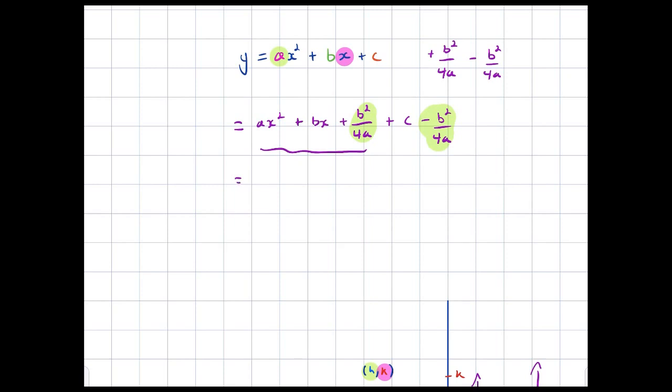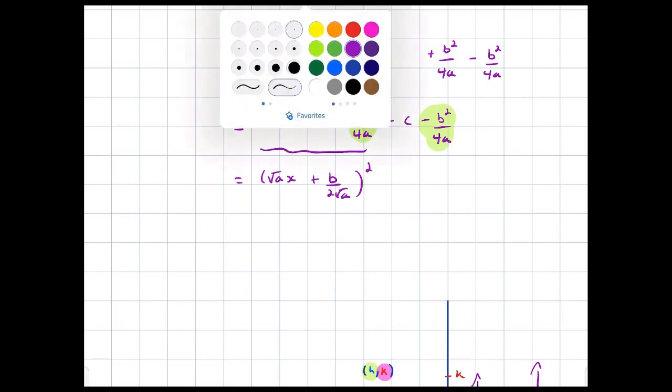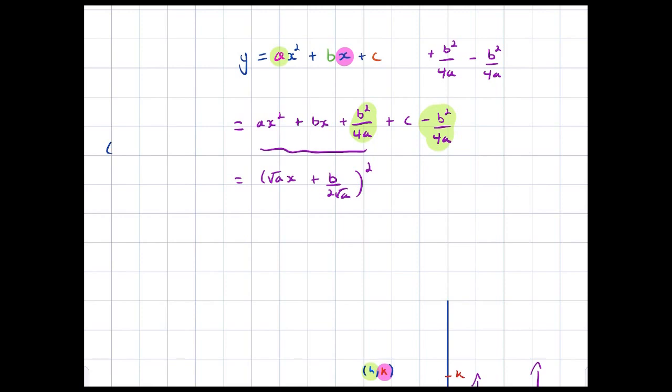This is, in fact, the square root of a times x plus b over 2 times the square root of a, squared. How do I know that it's that? Well, if I have a perfect square term, say x plus y squared, after I FOIL this out, I get x squared plus 2xy plus y squared.